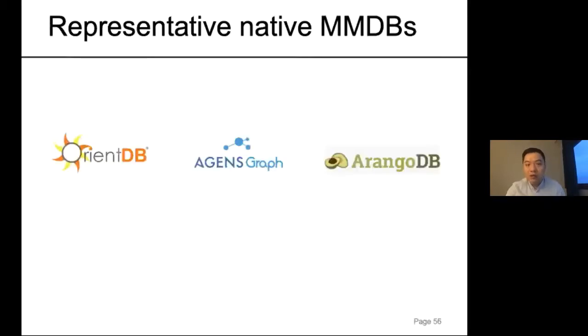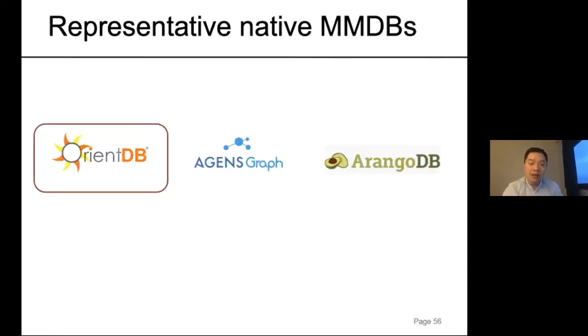So 3 representative native multimodal databases are OrientDB, AgensGraph, and ArangoDB. OrientDB is a native multimodal database with a primary model as graph, in which every record has direct pointers to its neighbors.